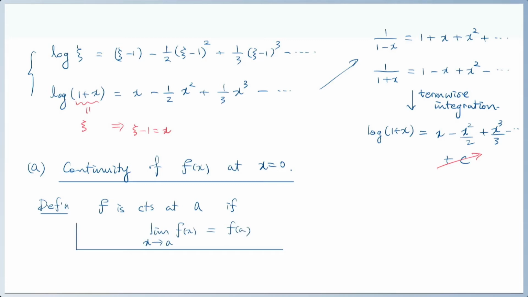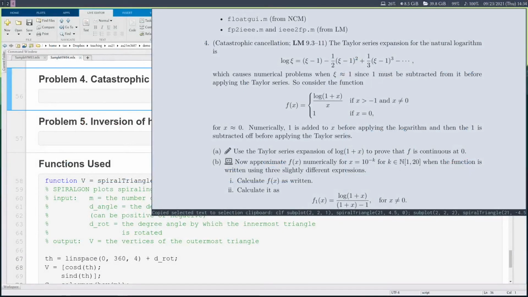In our case, we have to show that log of 1 plus x divided by x, when x approaches 0, should equal 1. So when you take the limit of this as x approaches 0, you should get 1.